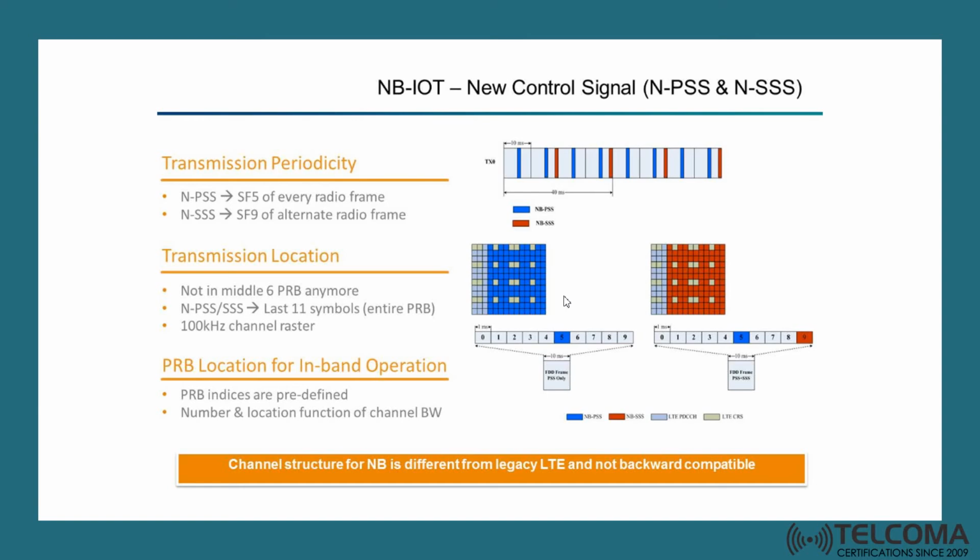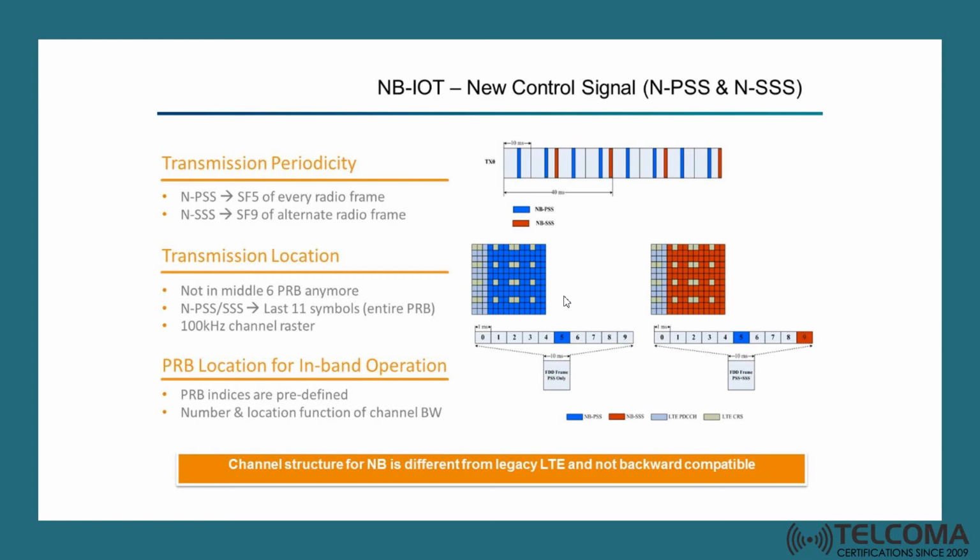So that's what is defined here, the PRB location for in-band operation. The PRB indices are already predefined, considering this is the place where I have to put my narrowband IoT carrier. The number and location are a function of channel bandwidth. We know that LTE channel bandwidth can vary from 1.04 megahertz to 20 megahertz. One key thing to note is that for one particular bandwidth configuration, we cannot even deploy NB-IoT.